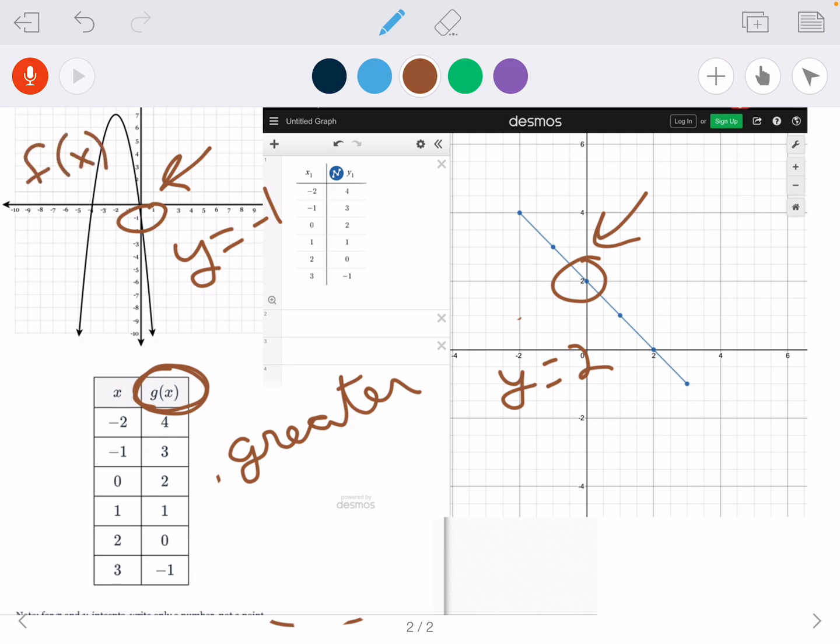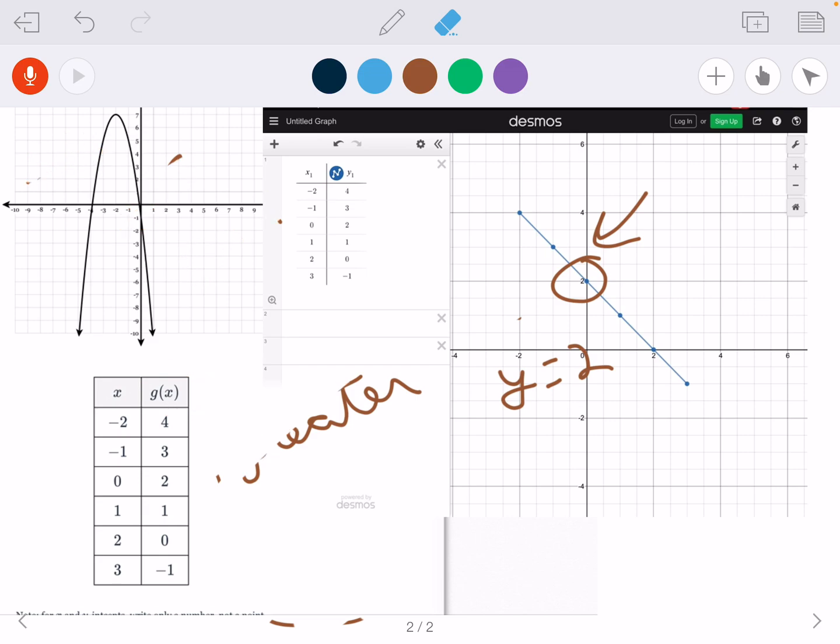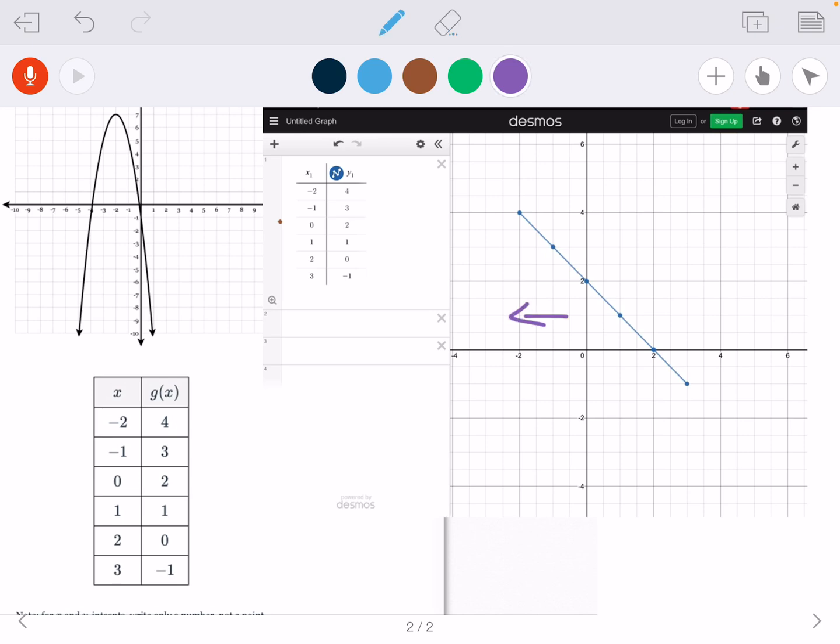So that's a comparison. What if I were doing the end behavior? Okay, I've got my picture of my graph over here. Again, remember that we're going to pretend that this one on the right is a line. Whenever we talk about the left side, that's x approaches negative infinity. In this particular case, it's going to continue upward.